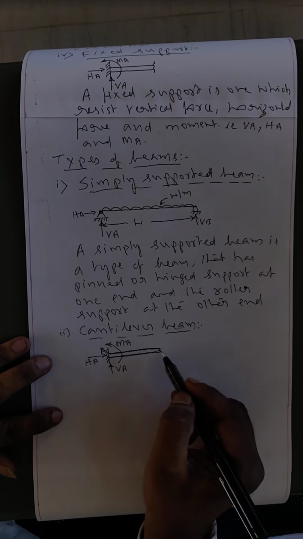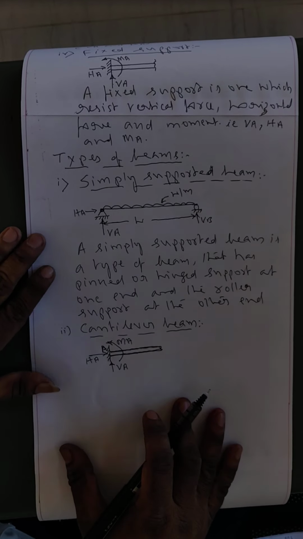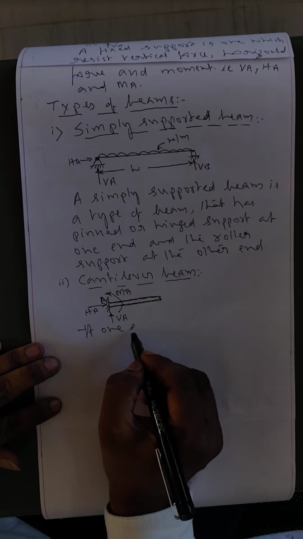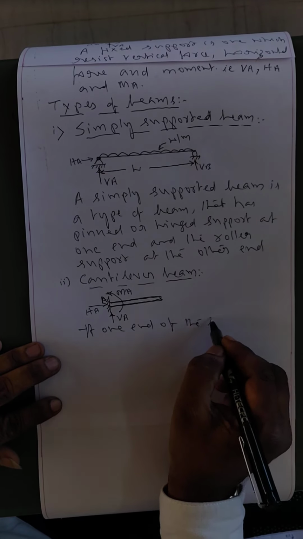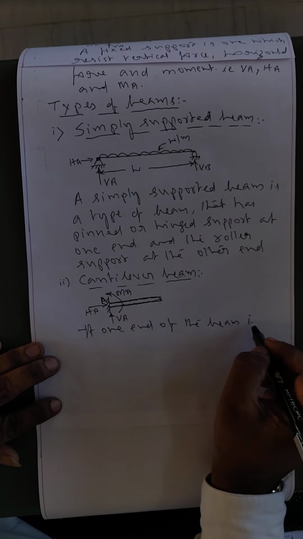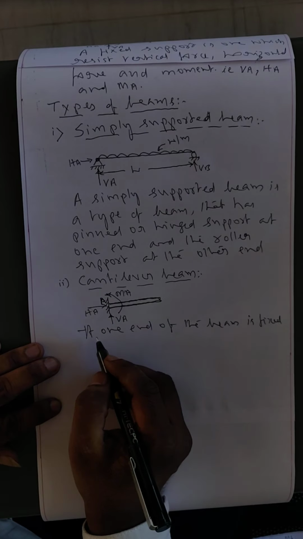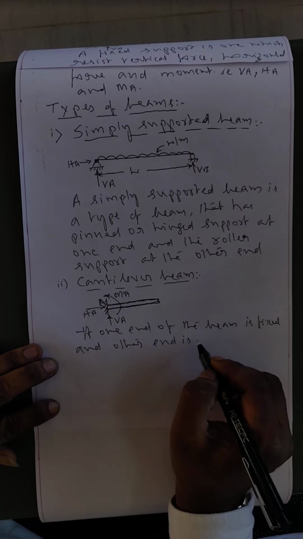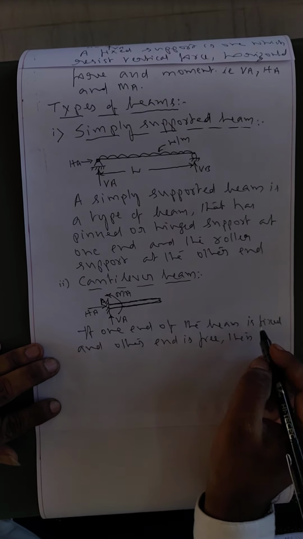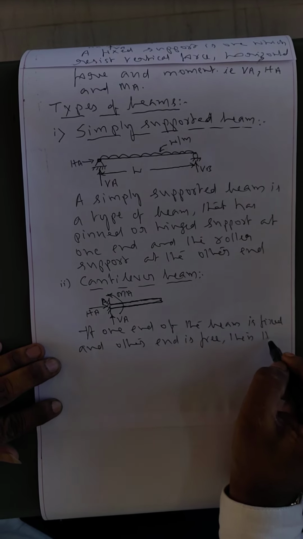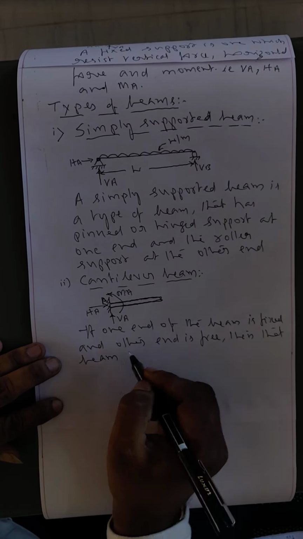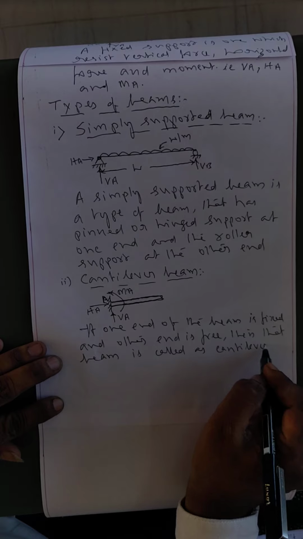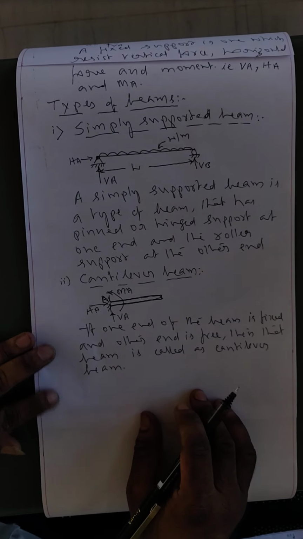If one end of the beam is fixed and the other end is free, then that beam is called a cantilever beam. We have now seen what is a cantilever beam.